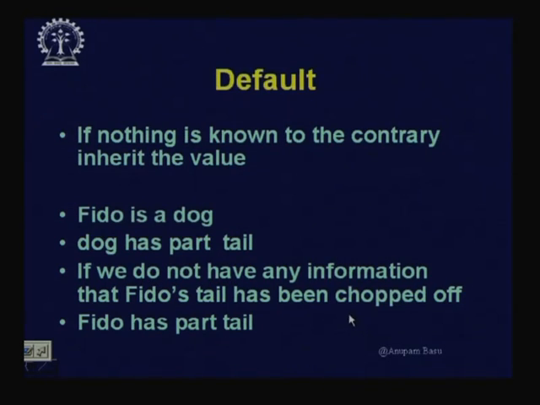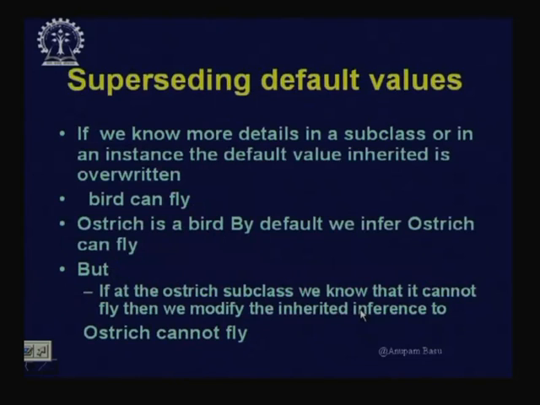Now, if we know more details, that Fido's tail has been chopped off, then we would have inferred Fido does not have tail. Okay. So, we can supersede default values if we know more details of a subclass, or in an instance the default value inherited can be overwritten.